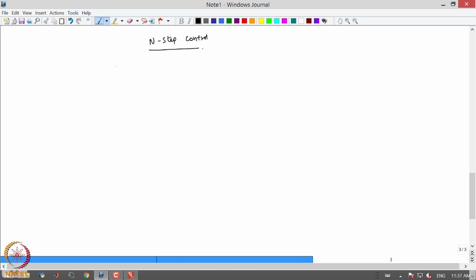Let me just write down a simple equation here. x(k+1) is A xk plus B uk. So, I have x1 is A x naught plus B u naught. Assume for simplicity here that u is just a scalar.